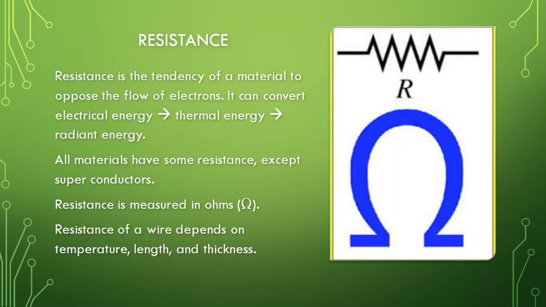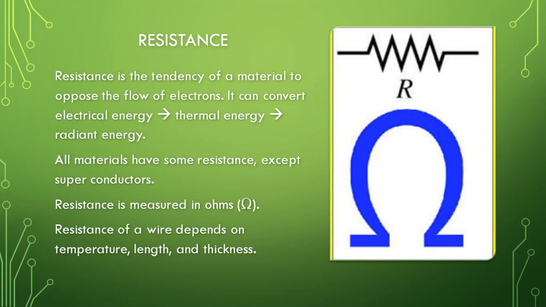Same with the power cord for an electric oven or stove, because it carries a lot of electrical energy. On the other hand, some wires are very thin, like the wire to charge your cell phone, because those devices don't need as many electrons to move through the wire.